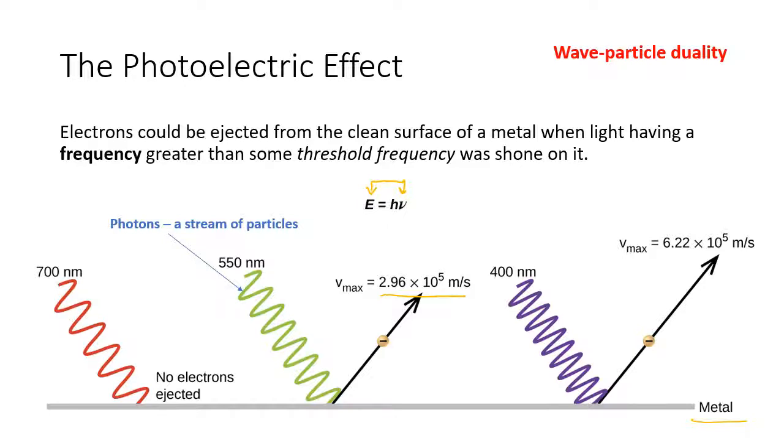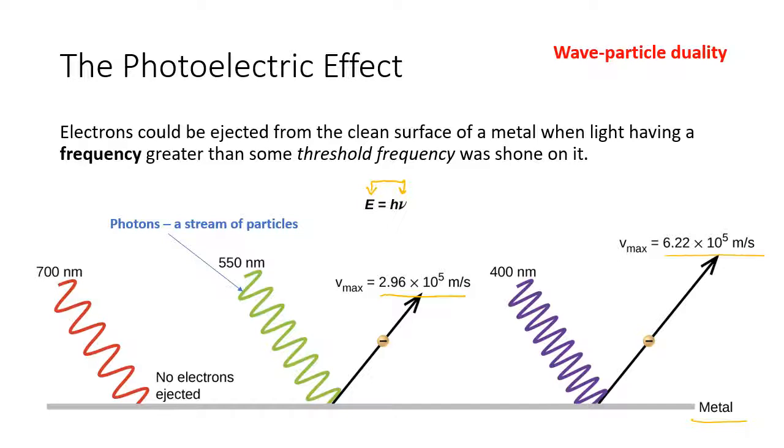If we shine 400 nanometer light at our metal, it has an even higher frequency, therefore the ejected electron has a greater velocity, 6.22 times 10 to the 5th meters per second. Therefore, increasing the frequency of light that you shine at the metal will increase the velocity of the electron that's ejected.